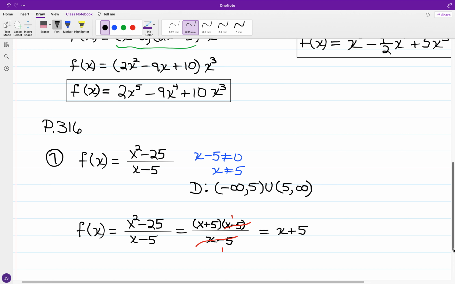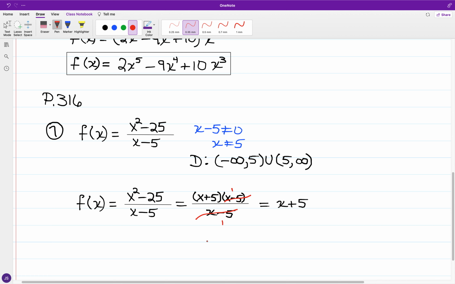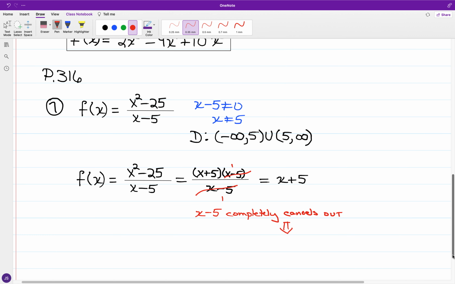And so now in terms of whether we have a vertical asymptote, this is what has to happen. Now x minus 5 completely cancels out. And if the factor in the denominator completely cancels out, that means that the corresponding zero, instead of becoming a vertical asymptote, is going to end up as a hole in the graph.